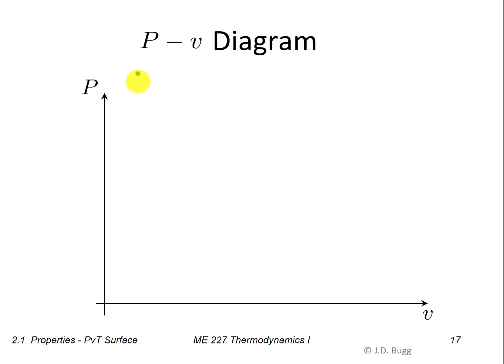So here is our PV diagram now. Remember, temperature is constant, so the other two properties are pressure and specific volume. So we're going to be tracing out a line of constant temperature on PV coordinates. Now our starting point here is at a relatively high value of pressure and a low value of specific volume.